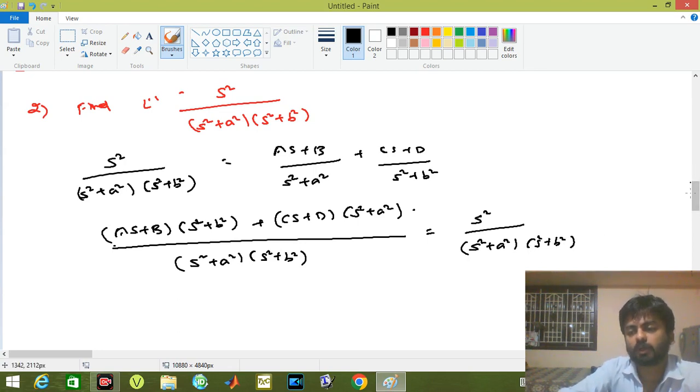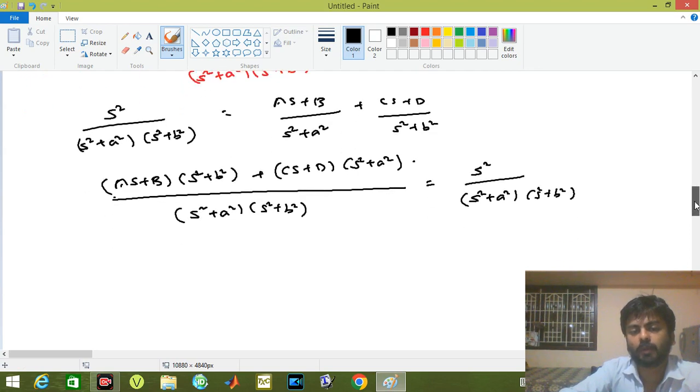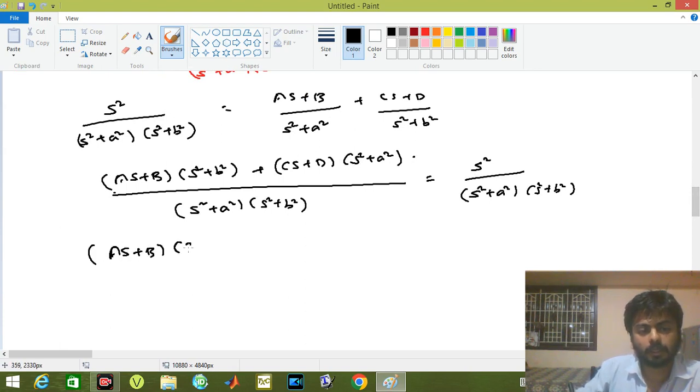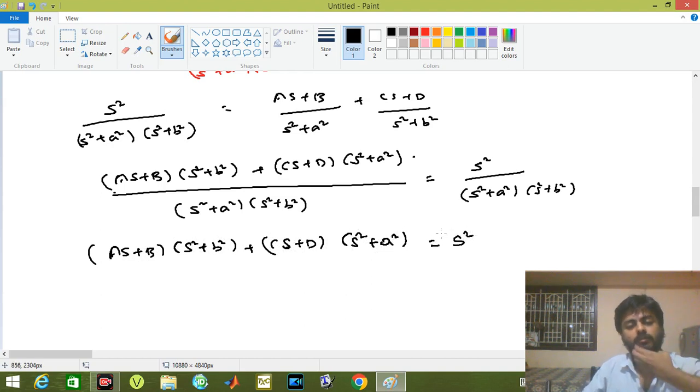Okay, this is what you are having now by partial fraction. So it will imply (as plus b) into (s square plus b square) plus (cs plus d) into (s square plus a square) equal to s square. Okay, so now you are having like this.